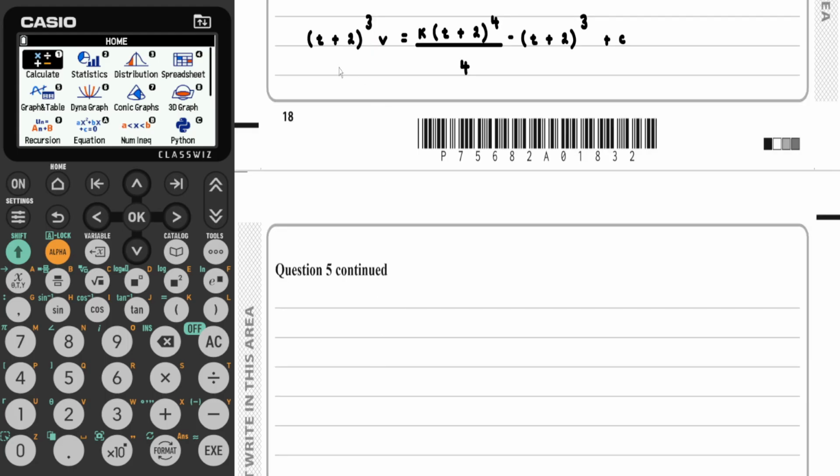If I divide each term by (t+2)^3, we end up with v equals k times (t+2) over 4, and negative 1, and then we have c over (t+2)^3.